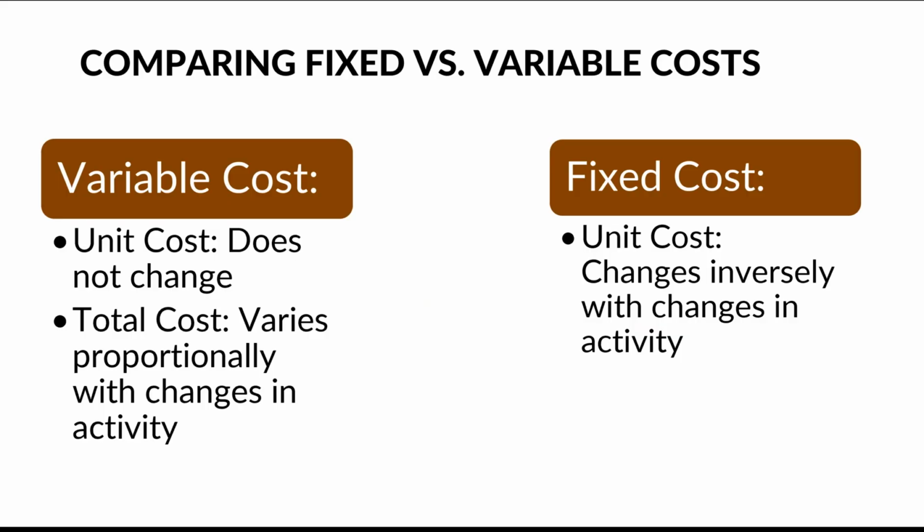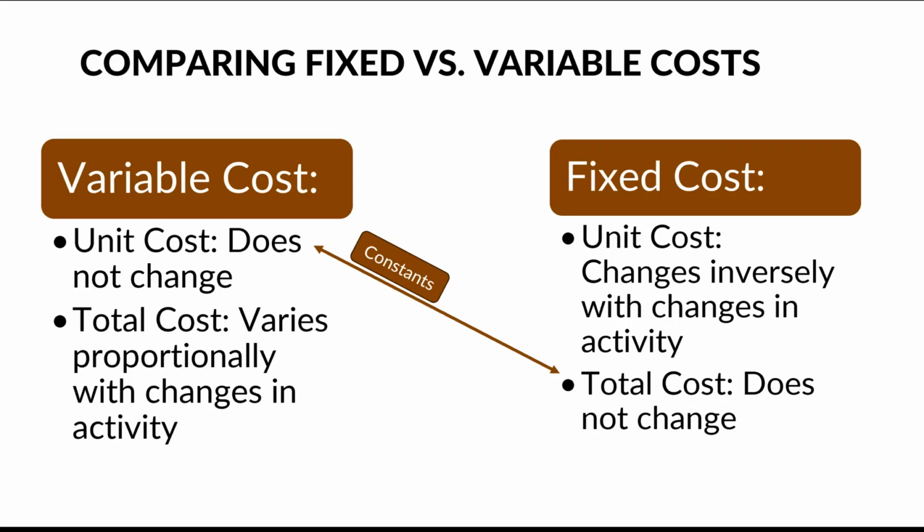If my variable activity doubles, my cost doubles. However, on a fixed cost, that cost does not change in total. So our constants are different. For our variable cost, our constant is the unit. That one doesn't change. For our fixed cost, our constant is the total cost.